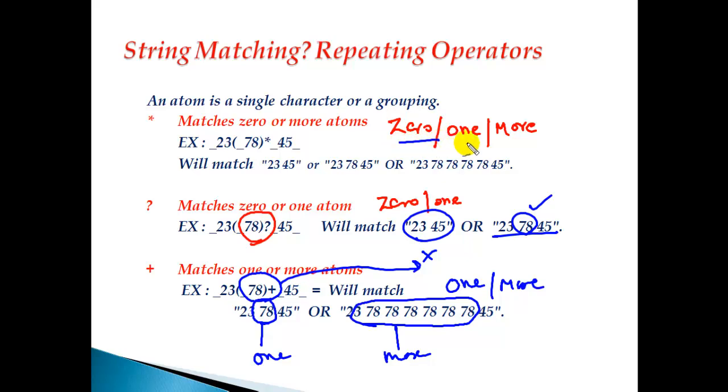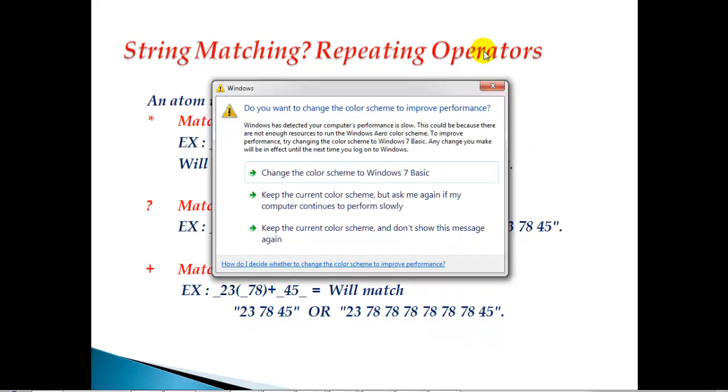The asterisk is going to match 0, 1 or more, whereas the question mark matches 0 or 1, which means either it may not be present or it will be present only one time. Whereas if you use the plus symbol, it will be present minimum one time or more than one time. So generally we call them repeating operators, where we are matching the string based on the repetition of the same autonomous system number, maybe not present or may be present more than one time or one time.